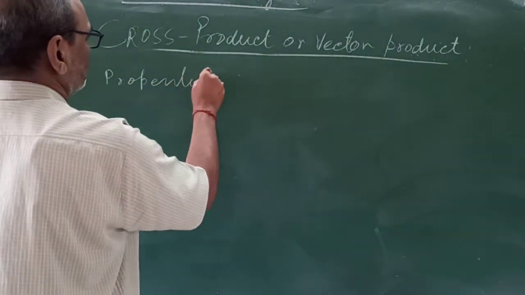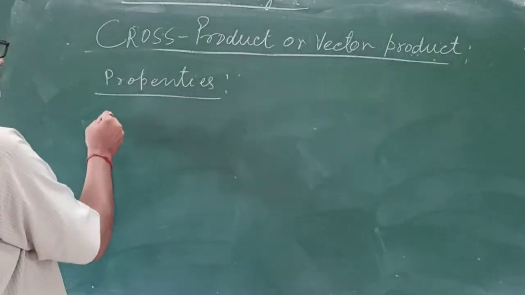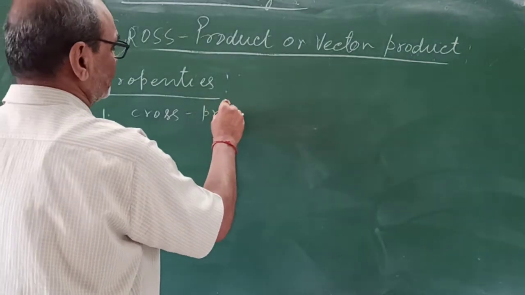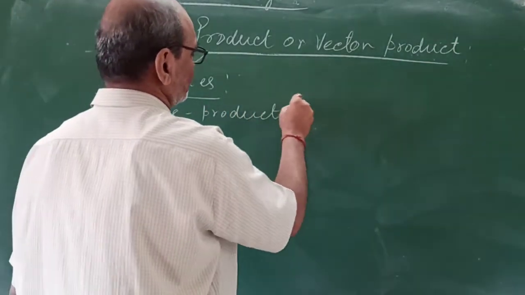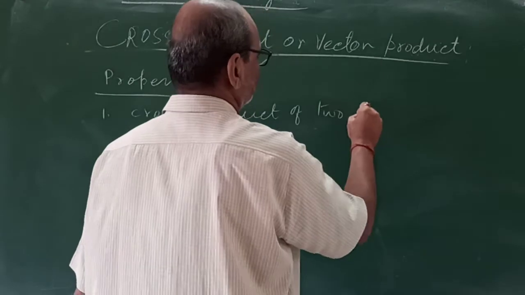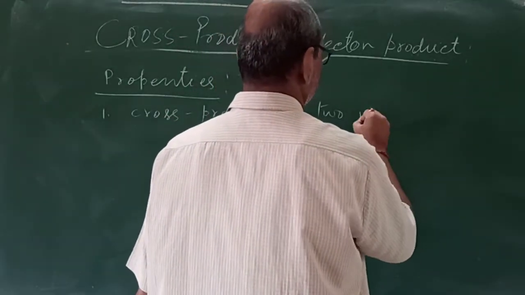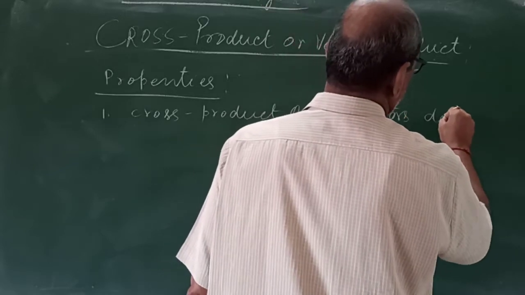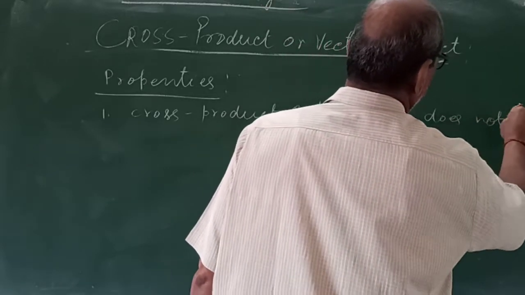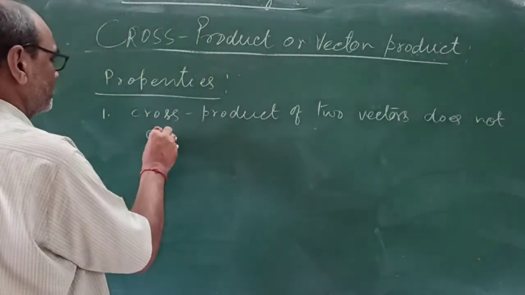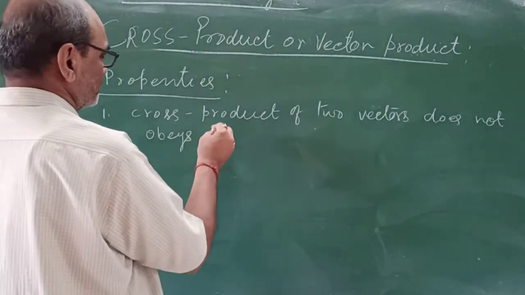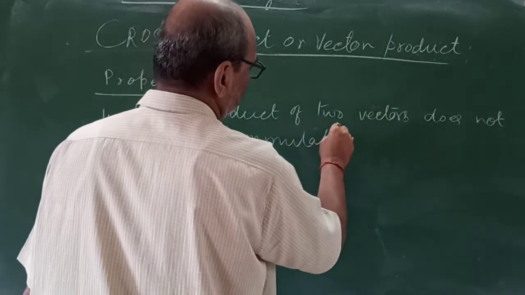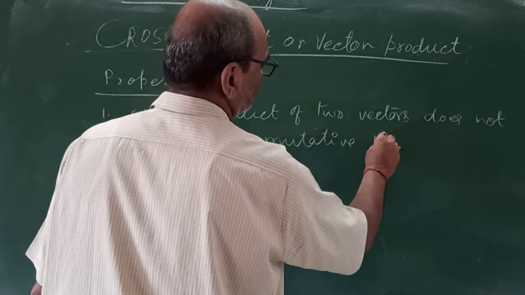First property: the cross product of two vectors does not obey the commutative law.